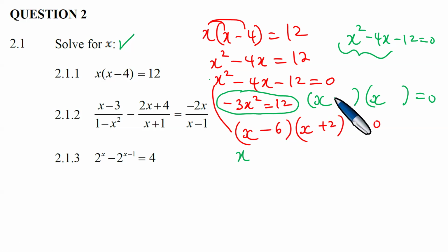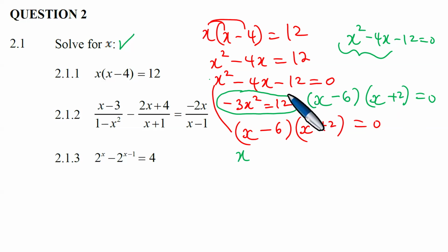But if we use minus 6 and plus 2, what is minus 6 times 2? Negative 12. Yes, so minus 6 times 2 is minus 12.